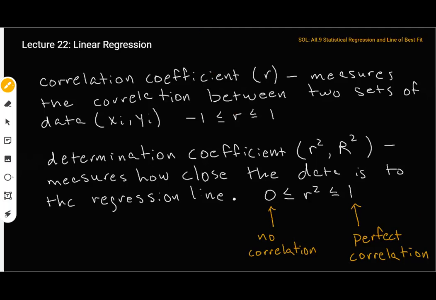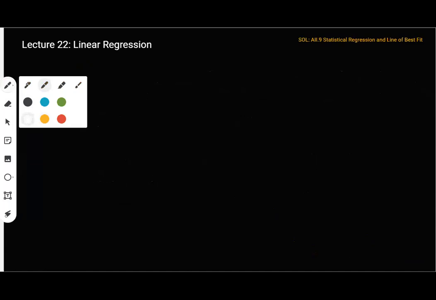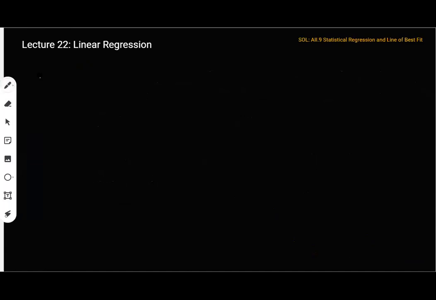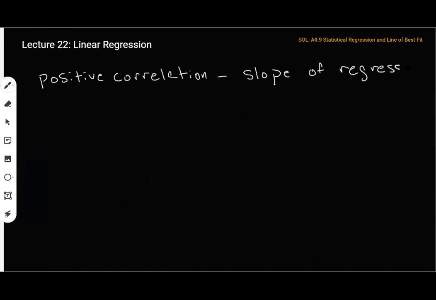So now there are two types of correlation. There's going to be a positive correlation. This is when the slope of the regression line is going to be positive. So the slope of the regression line is positive.